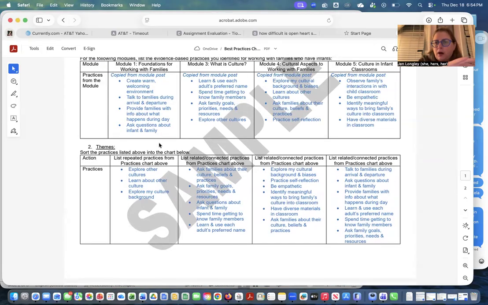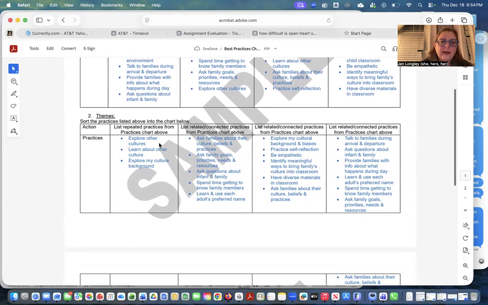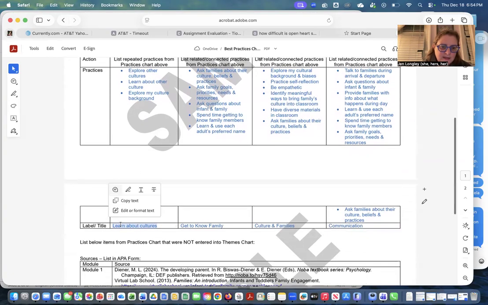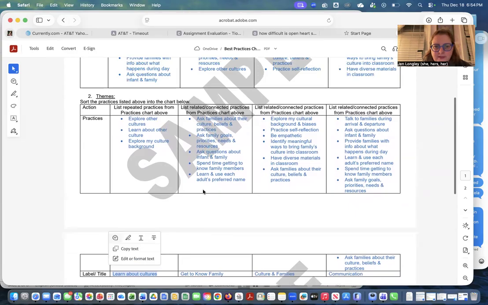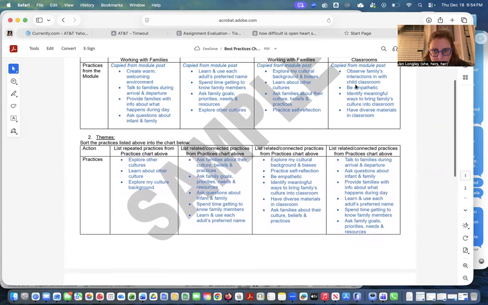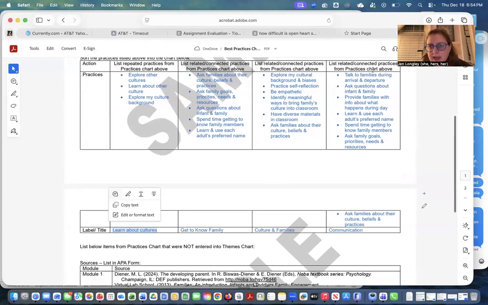You looked through all of the modules and you said, what effective practices for working with families are similar? Okay, I identified these, I gave it this name. I identified these, I gave it this name. From this chart here, I identified these practices that were similar, and I gave it this name.